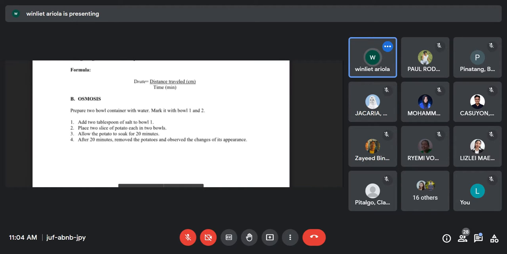Okay, once again, what do you call it when the cell shrinks? Kapag nag-shrink yung cell or lumiit, what do we call that?